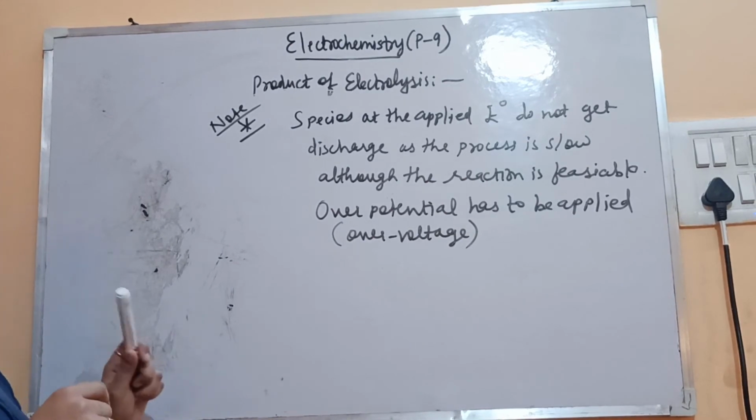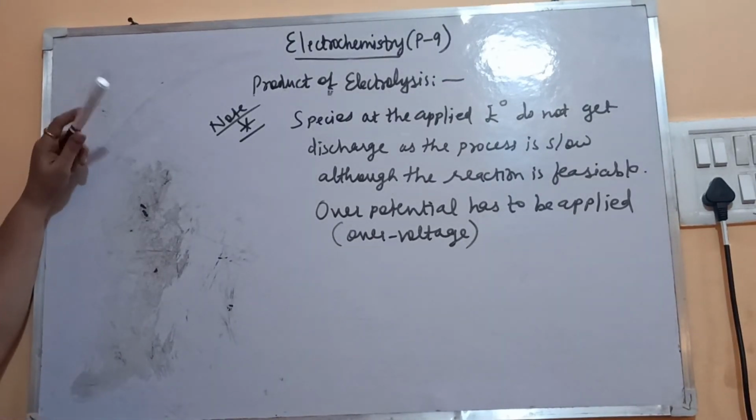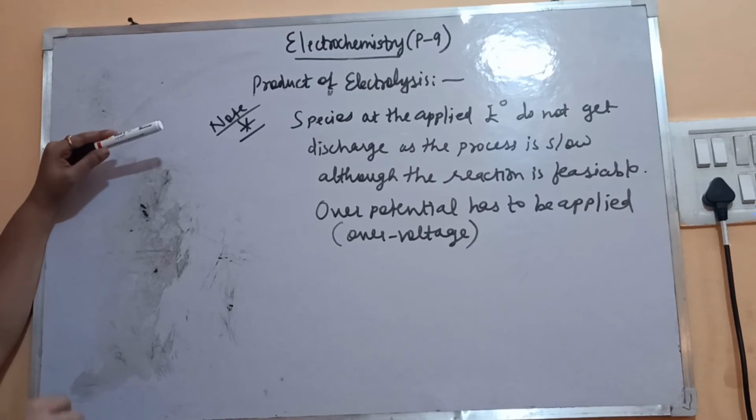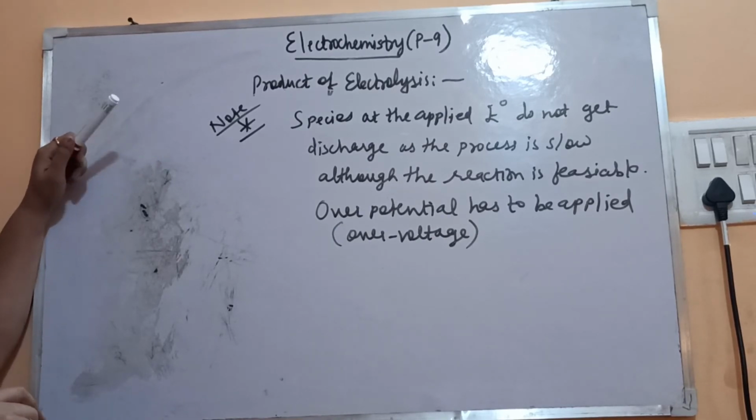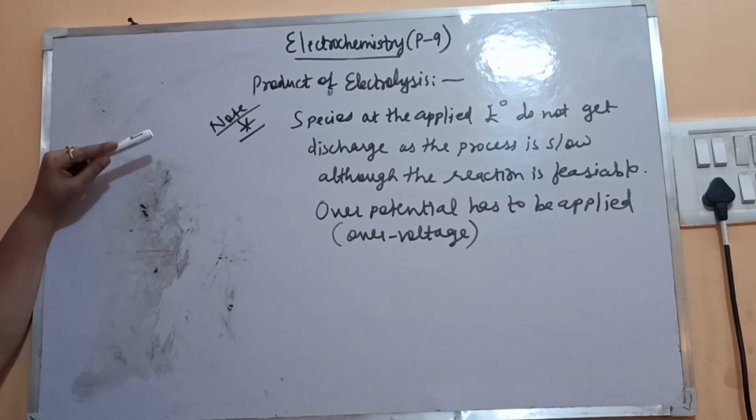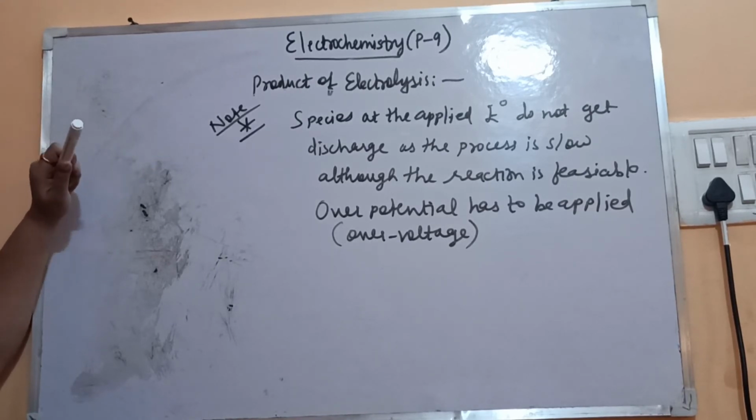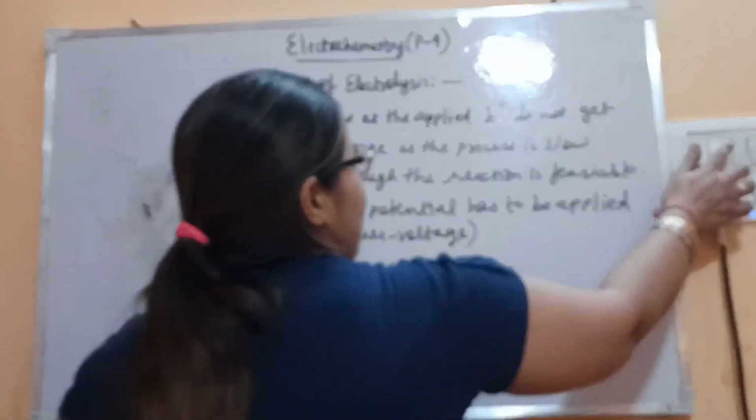So this is the note point. You have to make a note of this, because it will be used in the case of water, where the formation of ions from water is kinetically slow. So O2 will not get liberated. In that case the applied voltage is low, so overvoltage has to be supplied. Otherwise O2 will not get evolved, and another reaction takes place.